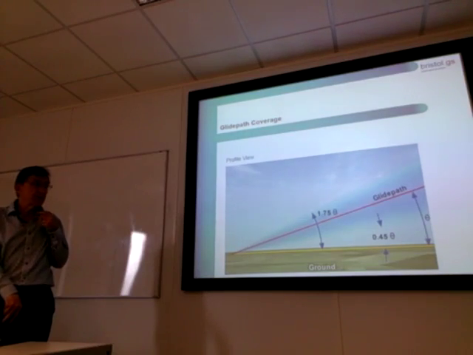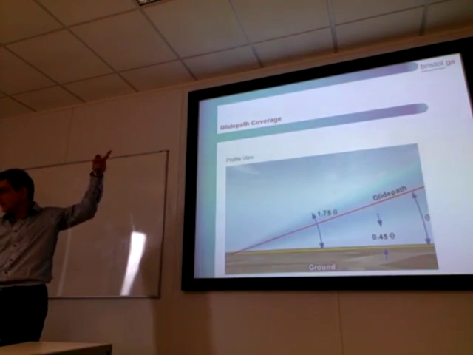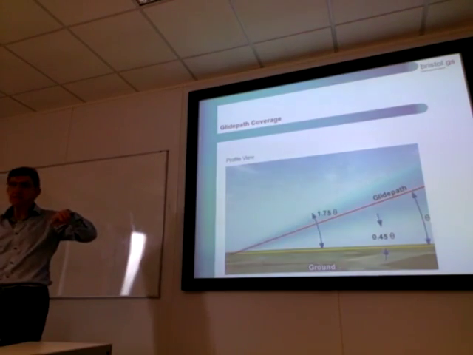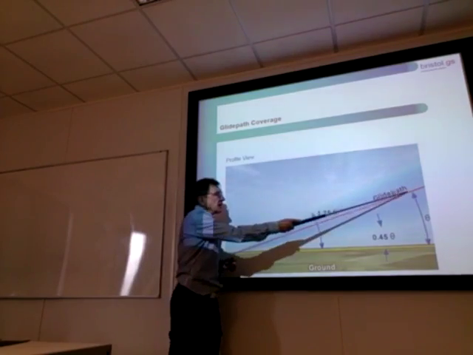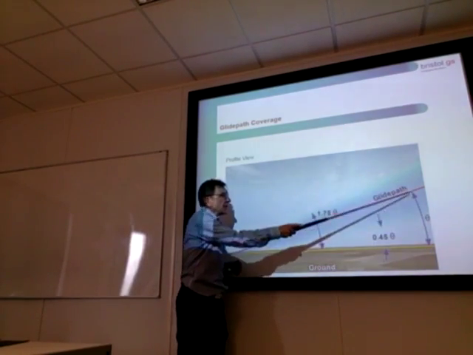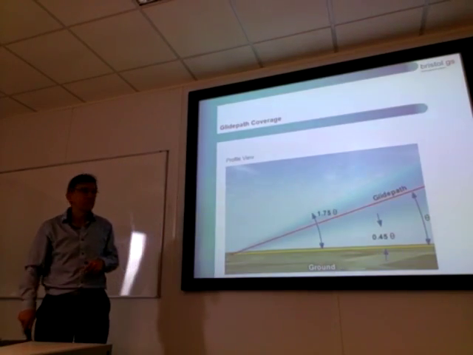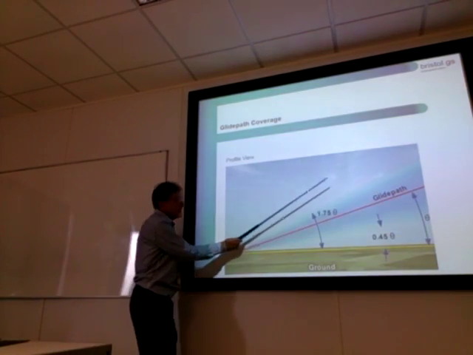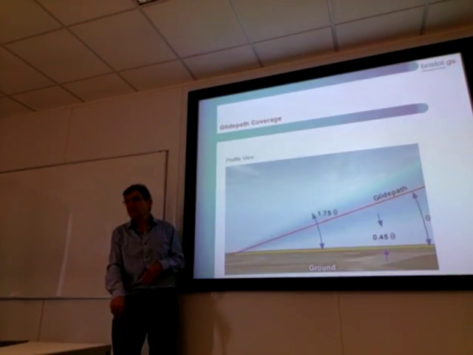So we have to come up with a different way of describing what the top of the beam is and what the bottom of the beam is. The way they've done it is to go, okay, call the glide path theta. Then the top of the glide slope is 1.75 theta.